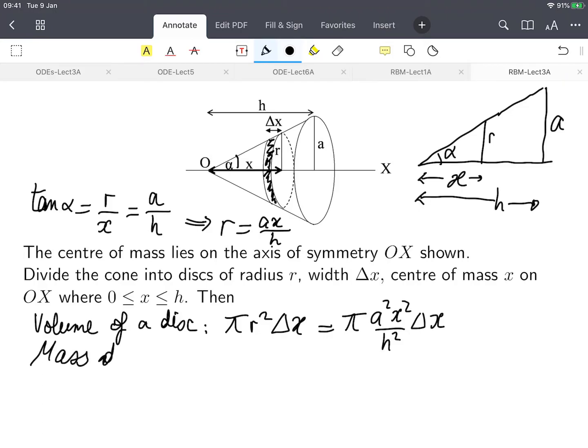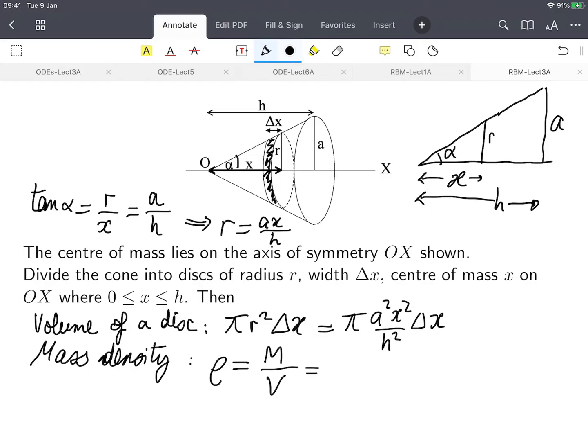Mass density, remember we assume that all the objects have uniform mass density. So rho is the mass density of the whole cone and also the mass density of each disk. For the whole cone, I have m over v, and v is the volume of a cone. I can't remember it, but it's on page 10.